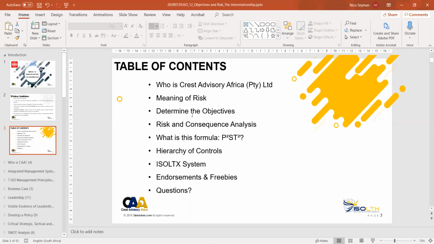That is our own Crest Advisory Africa formula that we have actually worked out in terms of the controls that any company can actually implement. And then we're going to speak about the hierarchy of controls, the ISO, the isolytics system, and then endorsement and freebies and questions.